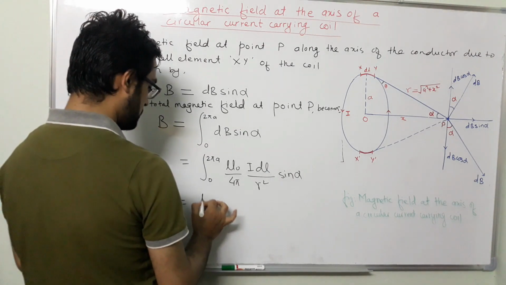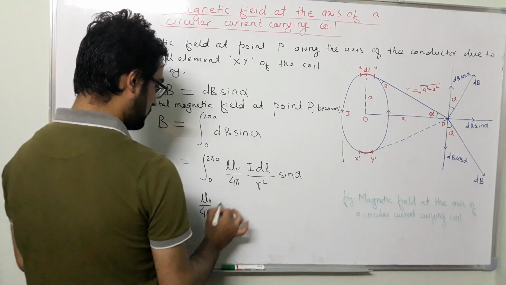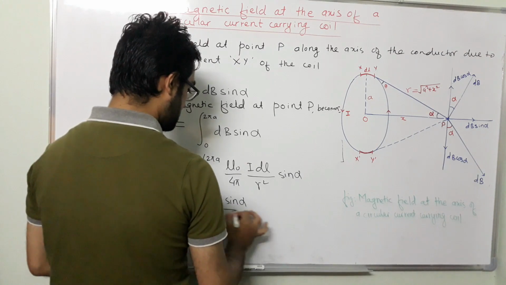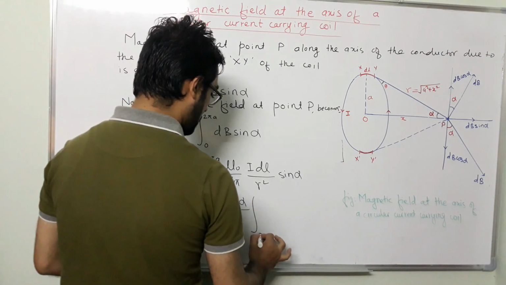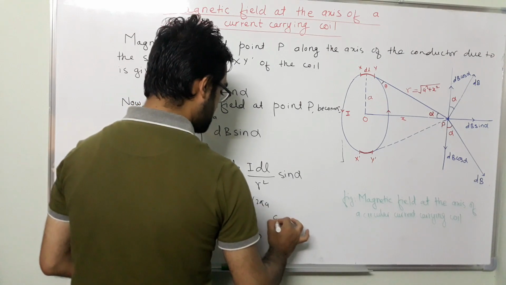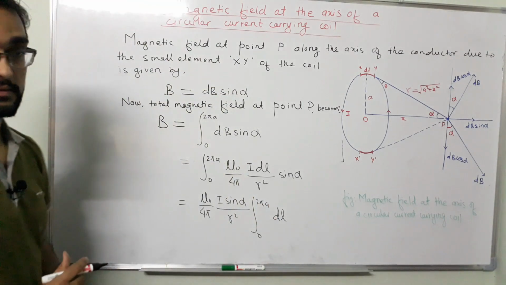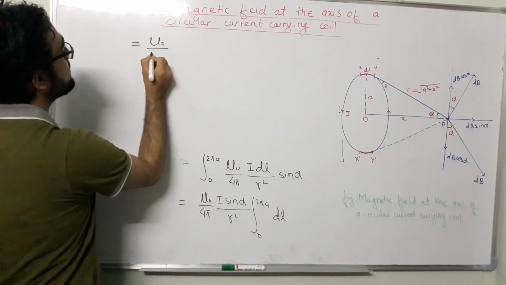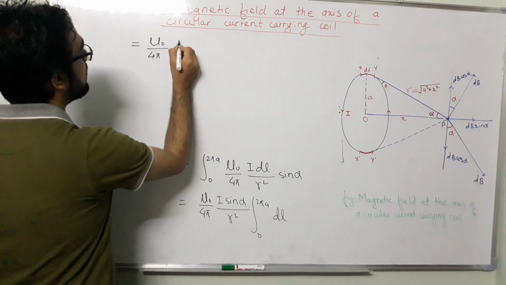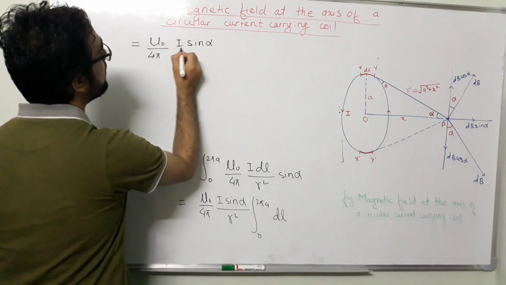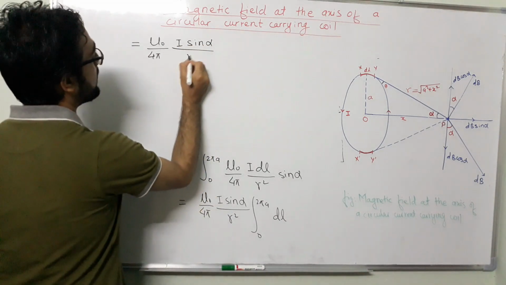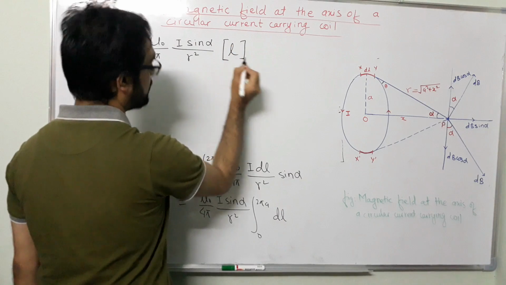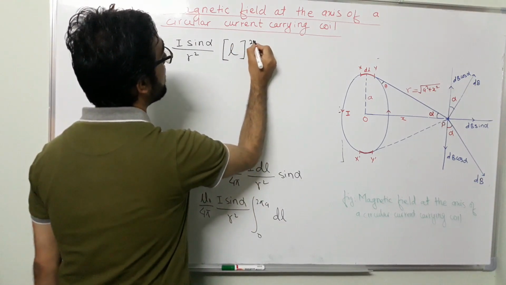This becomes equal to mu naught by 4 pi I sin alpha divided by r square, and only dl remains inside the integration. Now doing further calculation, this is equal to mu naught by 4 pi I sin alpha divided by r square, and the integration of dl is l, and it ranges from 0 to 2 pi a.